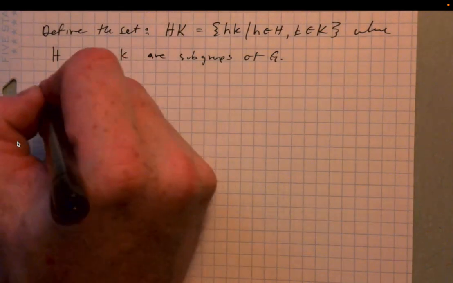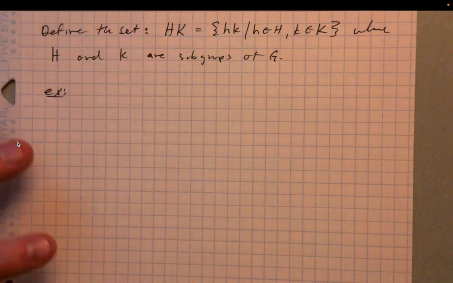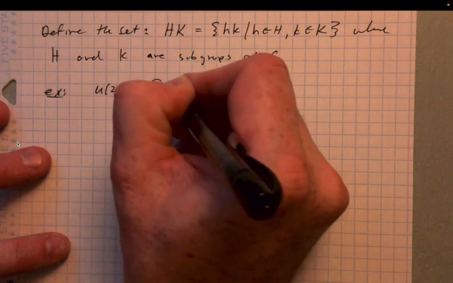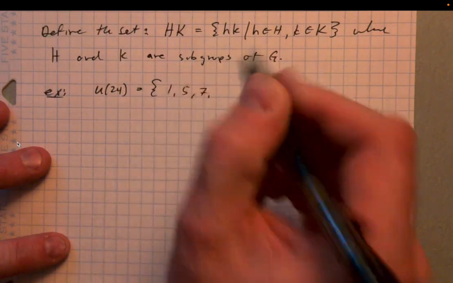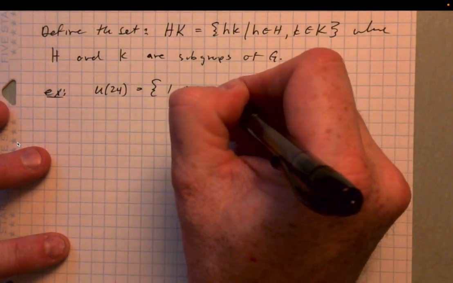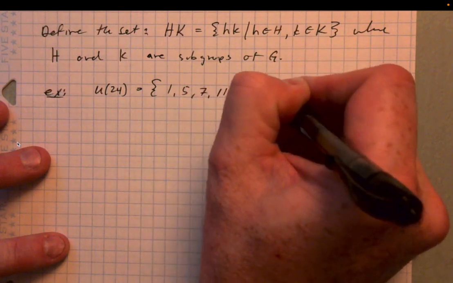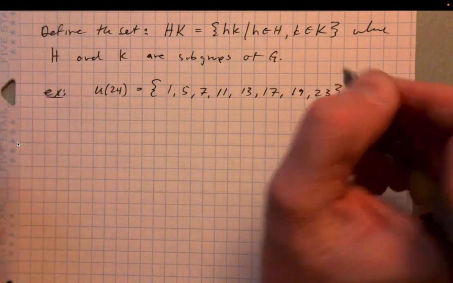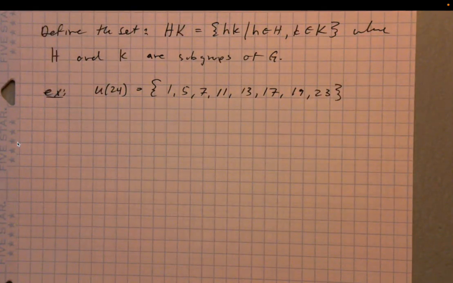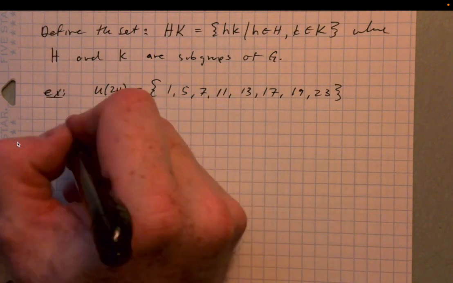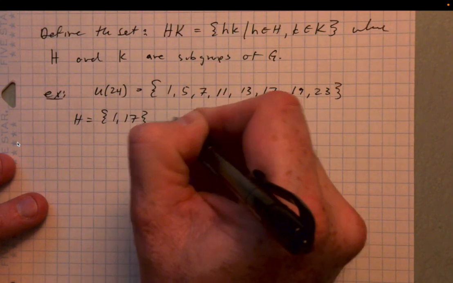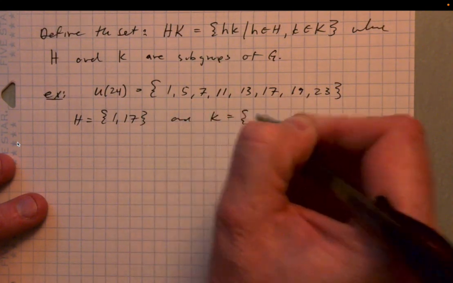A simple example, just to make sure that we understand this idea. Here's U24: 1, 5, 7, 11, 13, 17, 19, and 23. Integers under multiplication mod 24. Let H equal {1, 17}, and K equal {1, 13}.